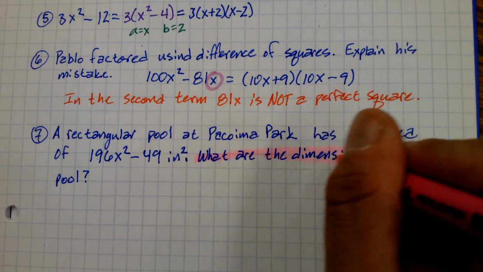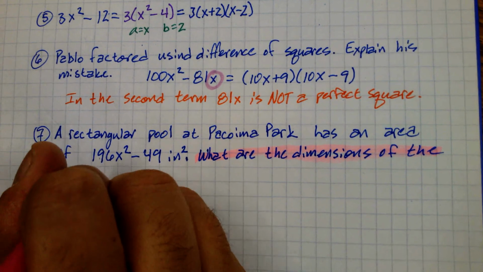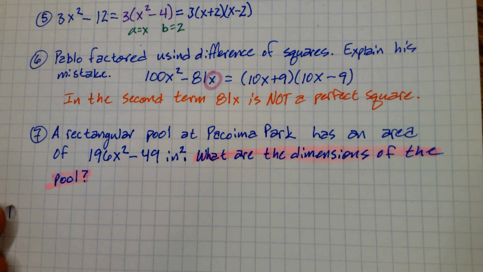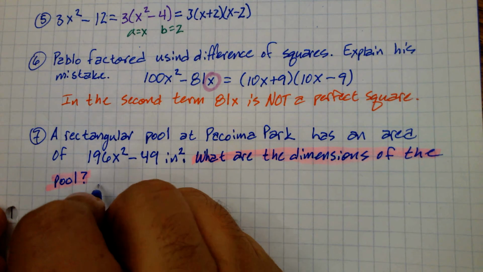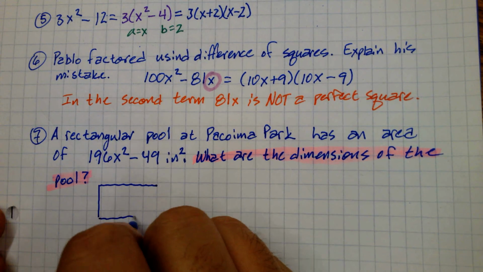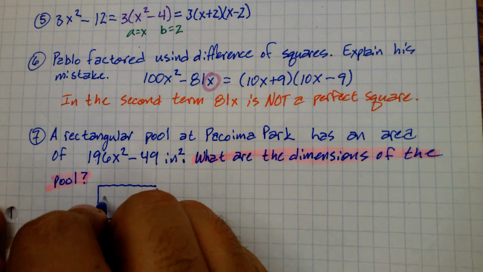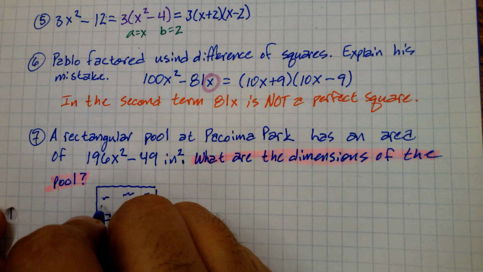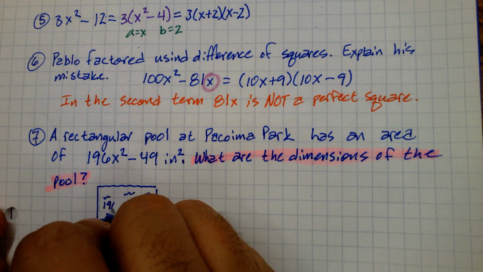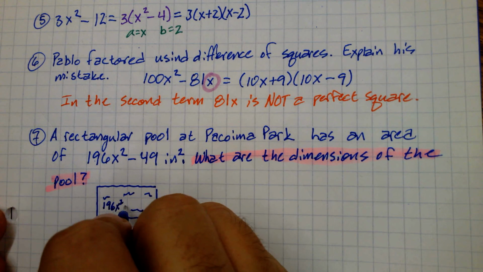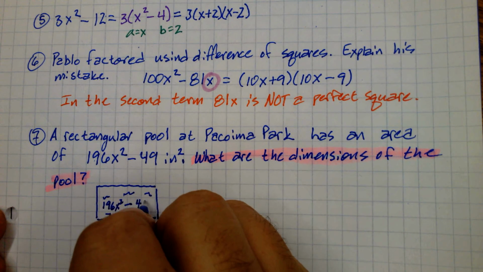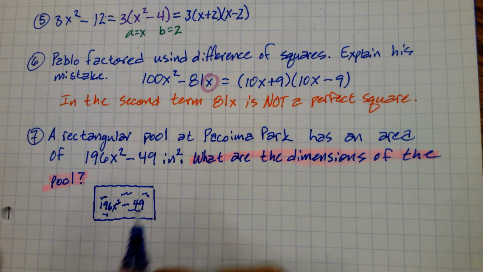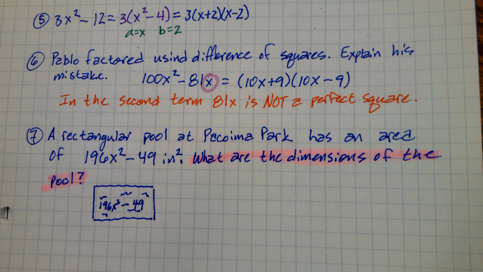So when they're asking us for dimensions, what is that? Jesse? Length and width. So we got our pool, and here's the water. And it's 196x squared, take away 49. So that's the area. 196x squared minus 49.